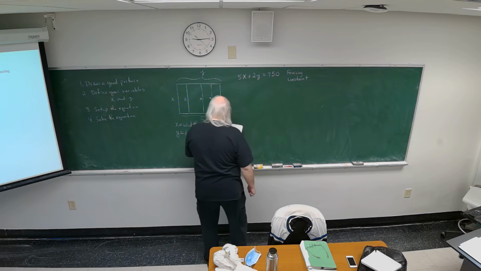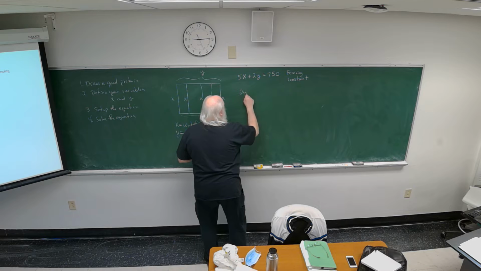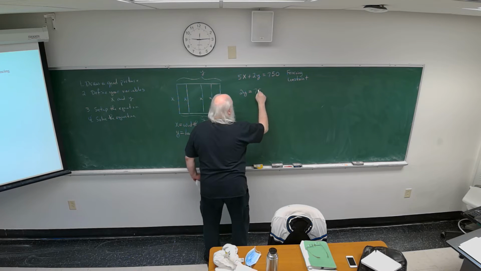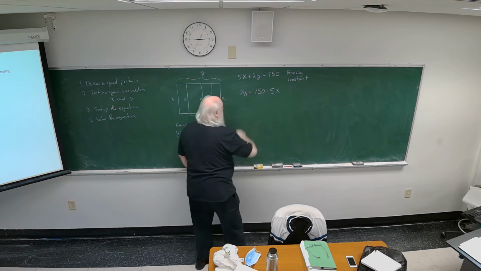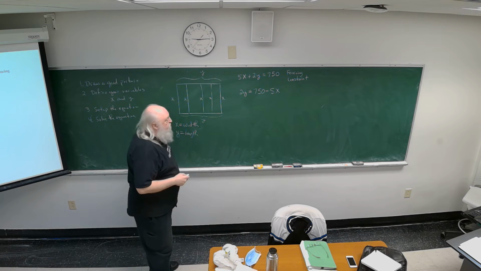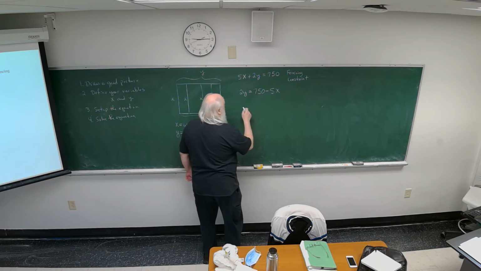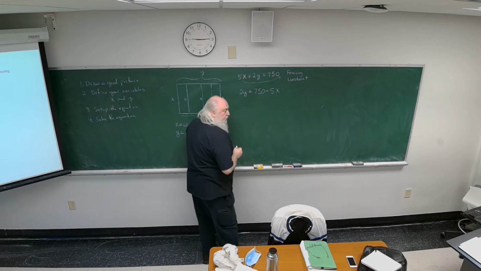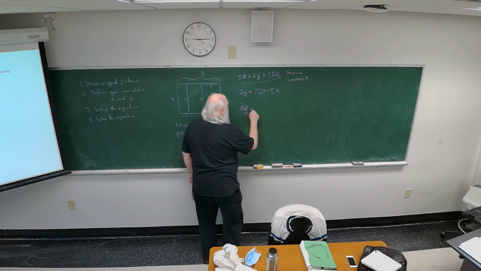So we have 2Y is equal to 750 minus 5X, right? I subtract 5X from both sides. In case you didn't see that, I moved the 5X to the right hand side by subtraction. And now I can divide both sides by 2.